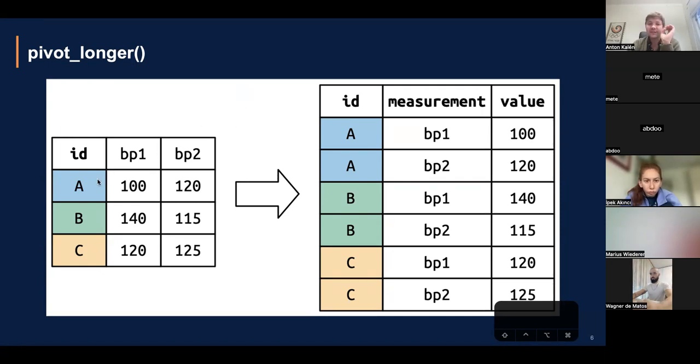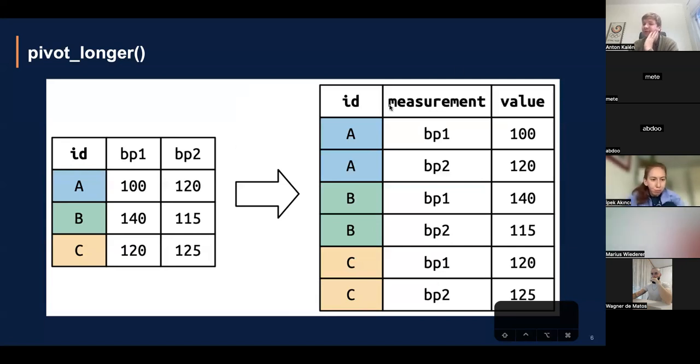So what happens here is we have one row for A. This might be, let's say, athlete A, and we have two measurements. When we pivot longer, what happens is we take the names of the columns and put them into their own variable.